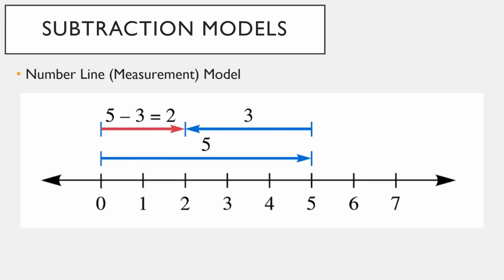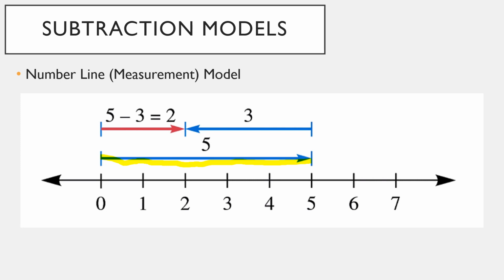This is how your book presents this. They say you're trying to model the subtraction problem 5 minus 3. They draw out this arrow, let me use my pointer here, for 5 units on the number line.